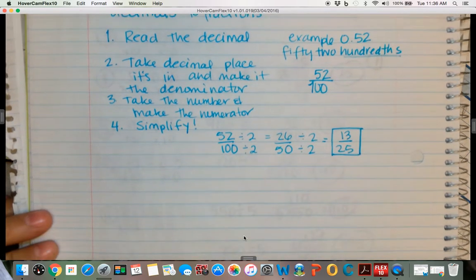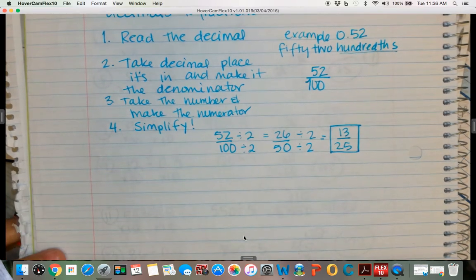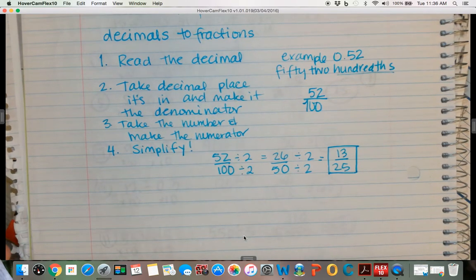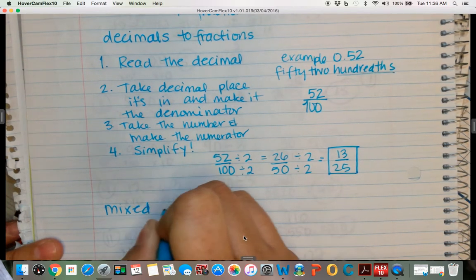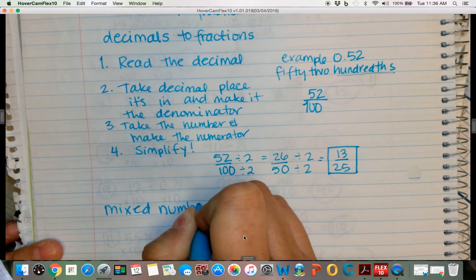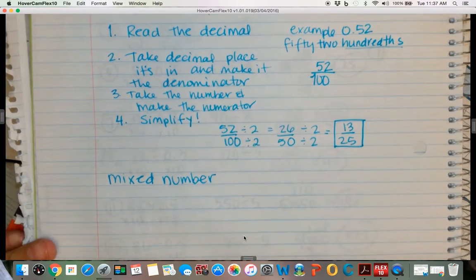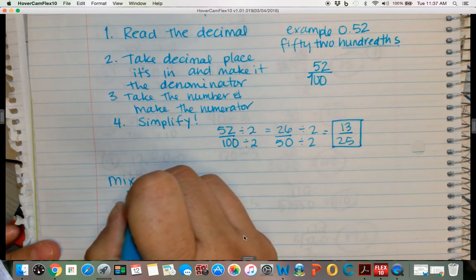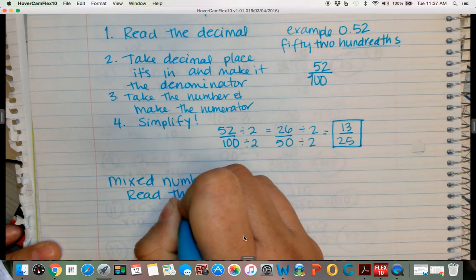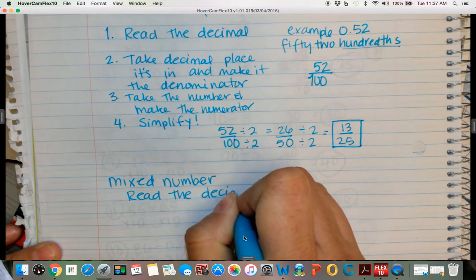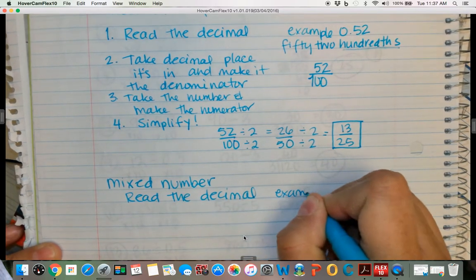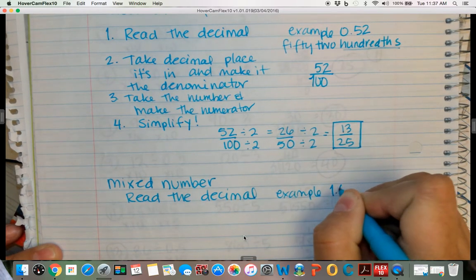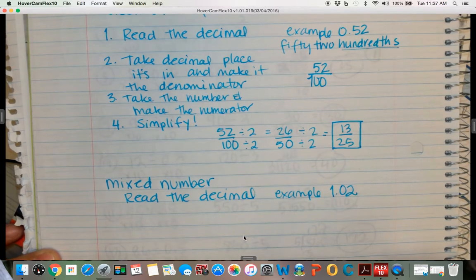The other thing that I want you to note is if you have a mixed number. And you're going to follow the same steps. You read the decimal. And our example here is going to be 1 and 2 hundredths.